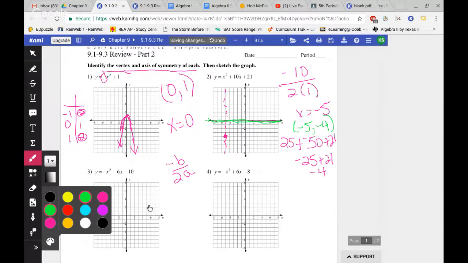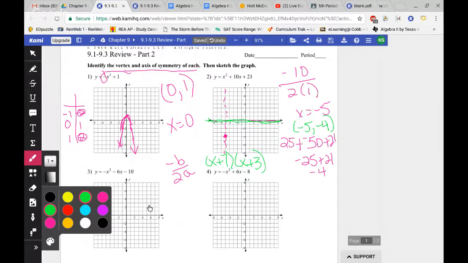But I know that the two factors that multiply to give me 21 and add to give me 10 are 7 and 3. So x plus 7 and x plus 3 are those factors, because 7 plus 3 is 10 and 7 times 3 is 21.